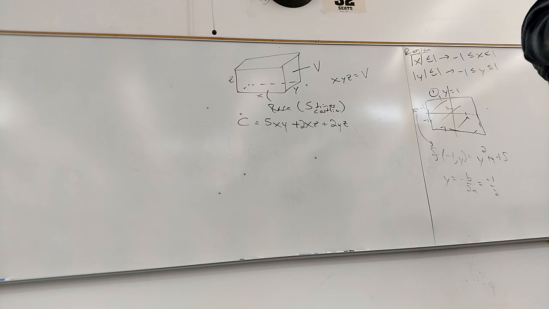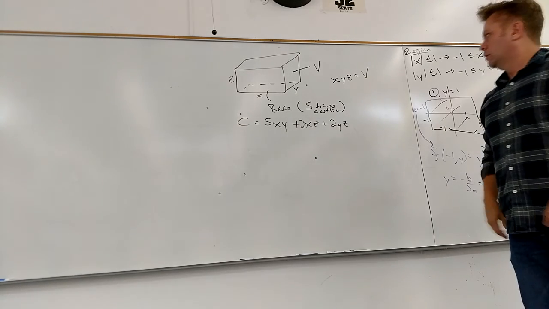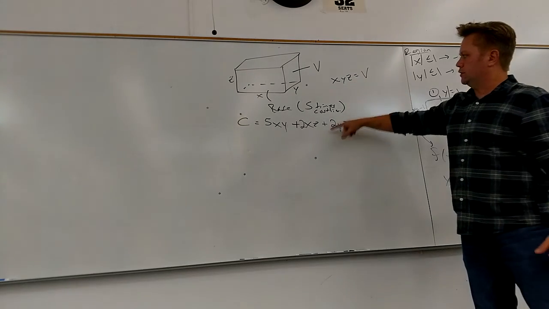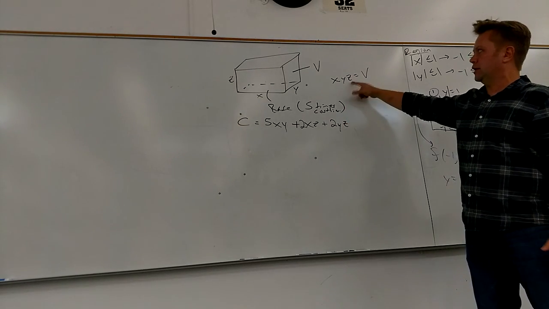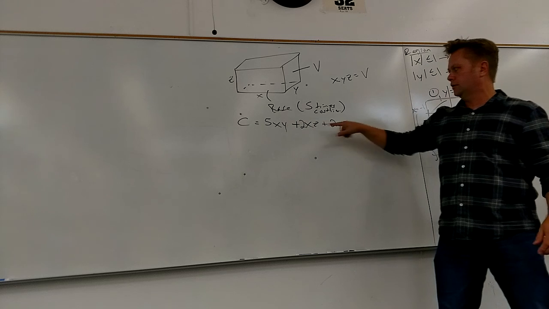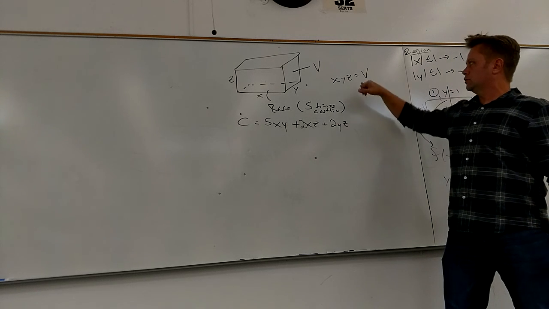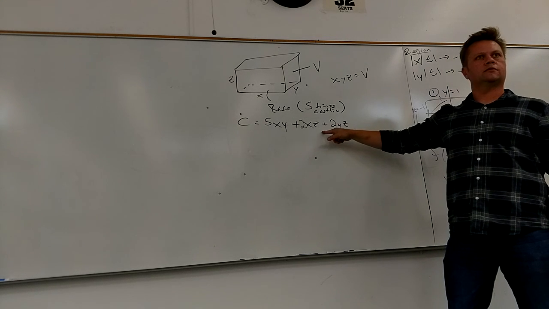So modeling a situation is a skill that is disappearing. Could you solve for z in the volume equation? Yeah, between these two you have to use this information, because we have one too many variables here. So use this to help you with this.